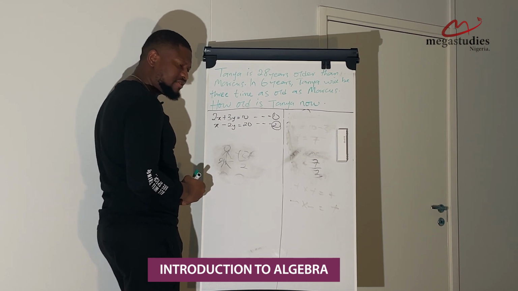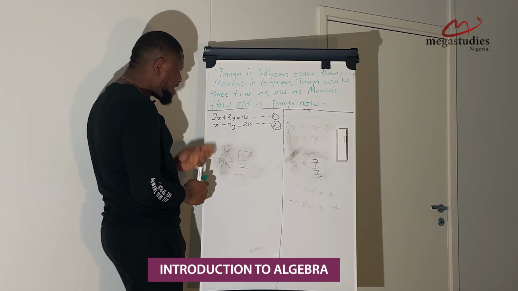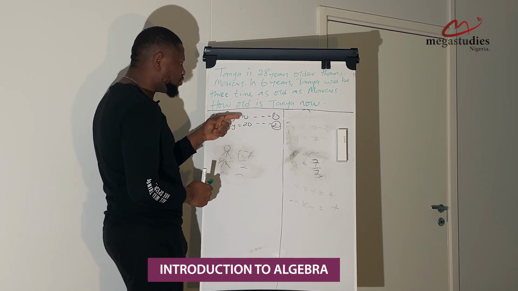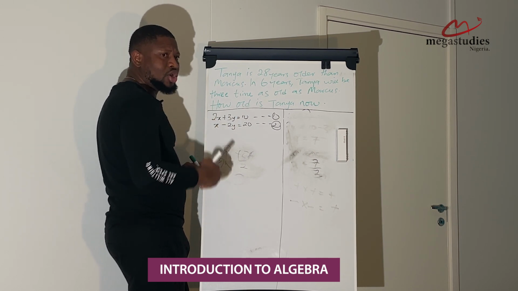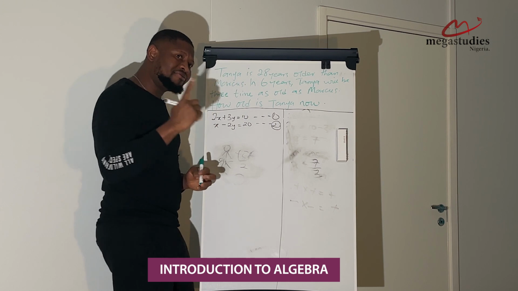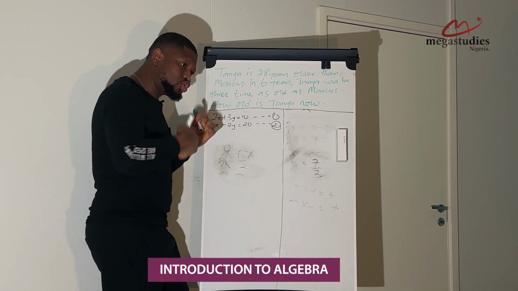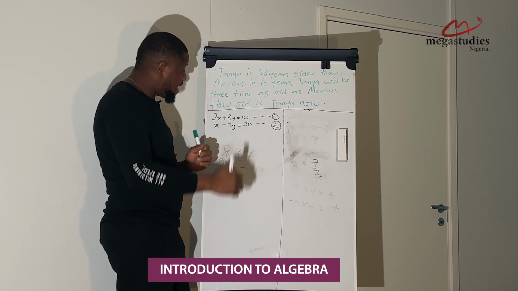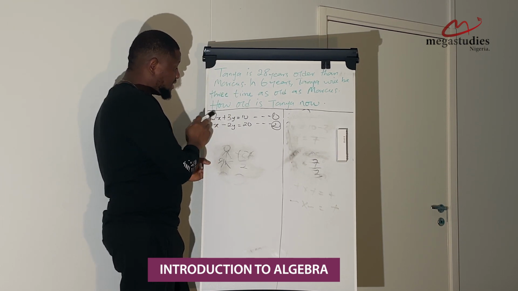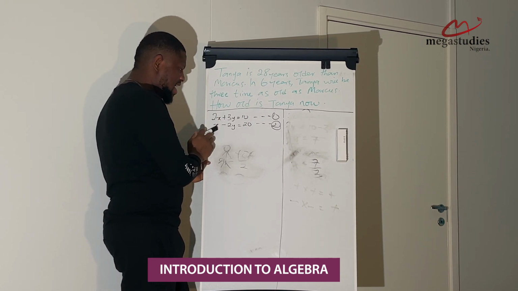So in this case, what are we going to do? We have two unknown values, x and y. You can pick from any of these equations and make one of the unknown values the subject of formula. Like we have here, 2x plus 3y equals 10, and x minus 2y.